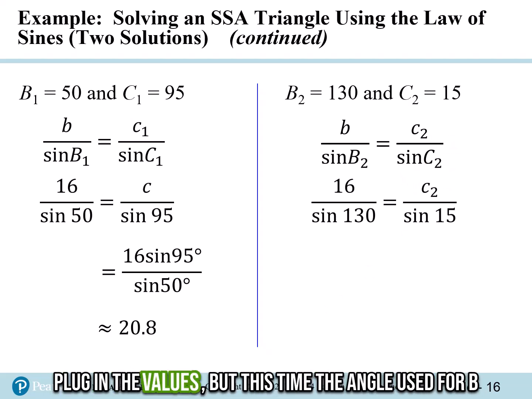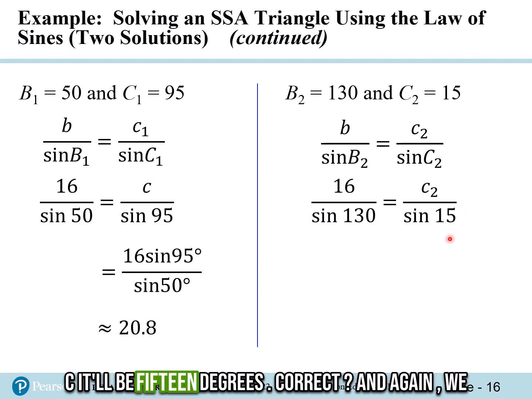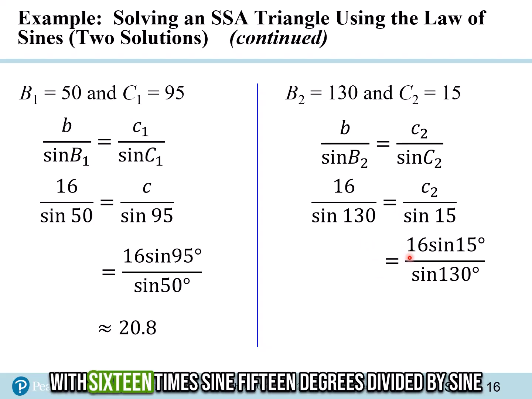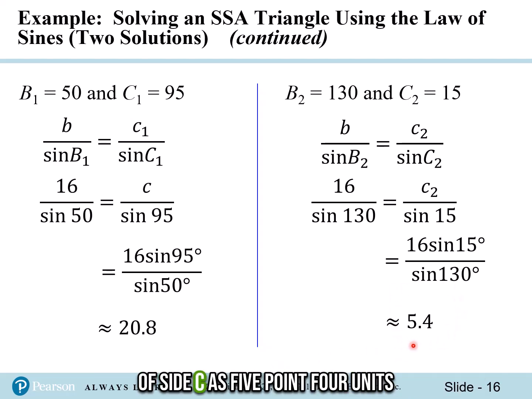Plug in the values, but this time the angle used for B will be 130 degrees and for angle C it will be 15 degrees, correct? And again we solve it the same way. By cross multiplying, we end up with 16 times sine 15 degrees divided by sine of 130 degrees, which gives us a measure of side C as 5.4 units.